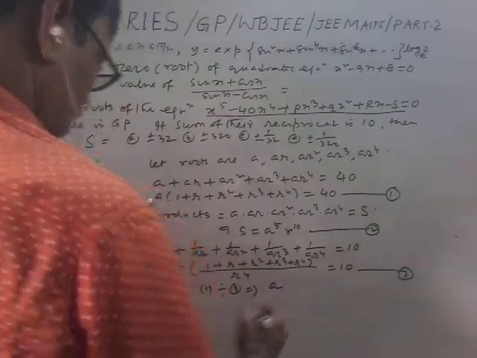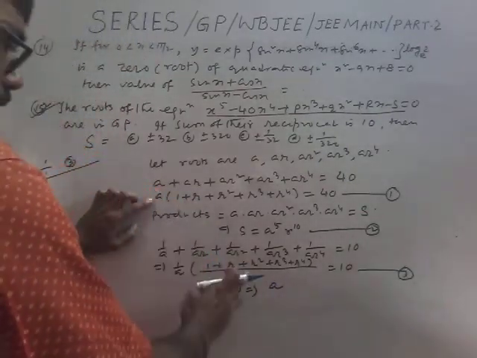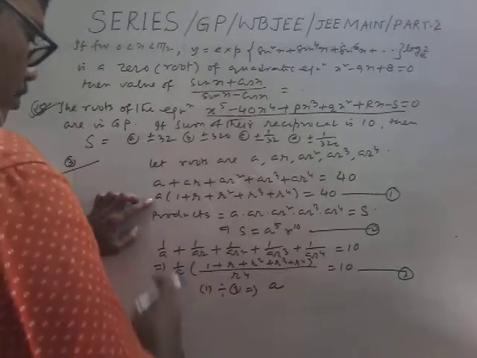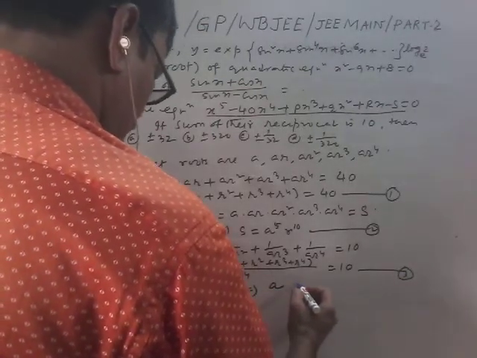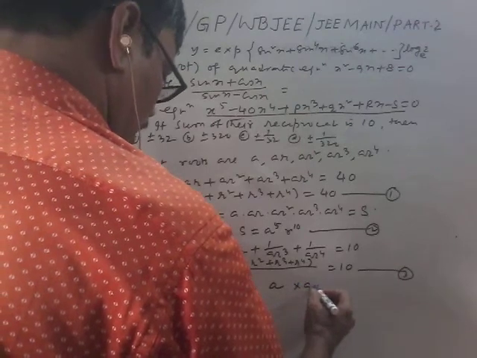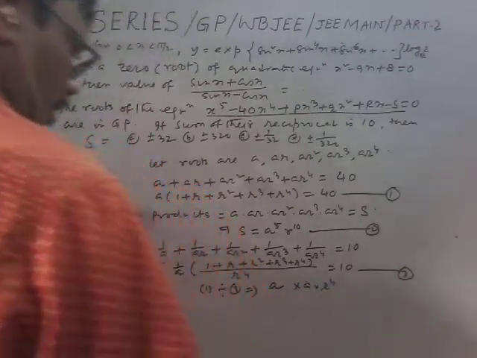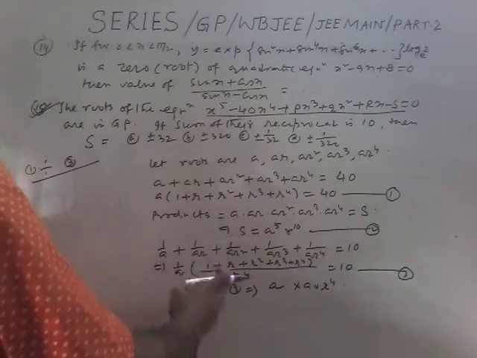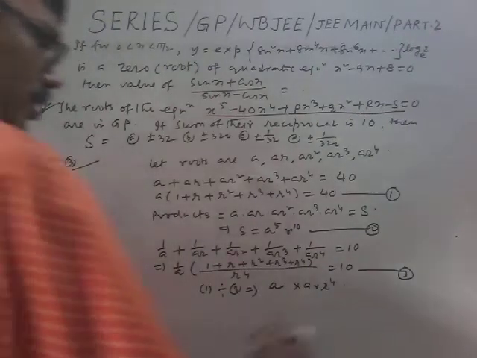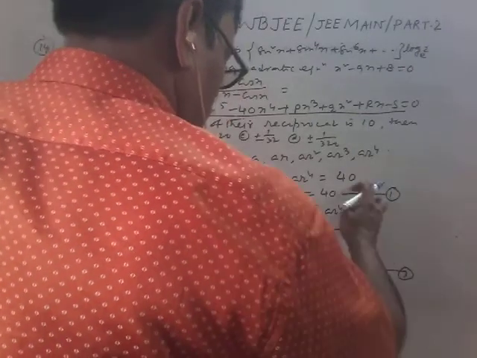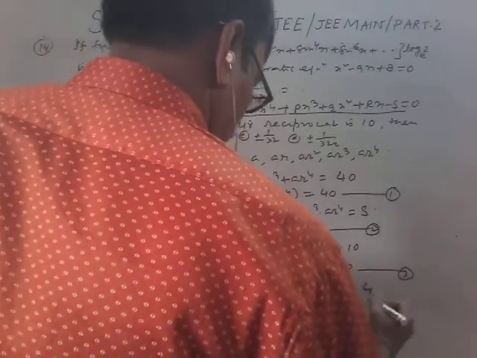A and this one cancel, and A r to the power 4 will be at the numerator. So this is 40 by 10, this is 4.